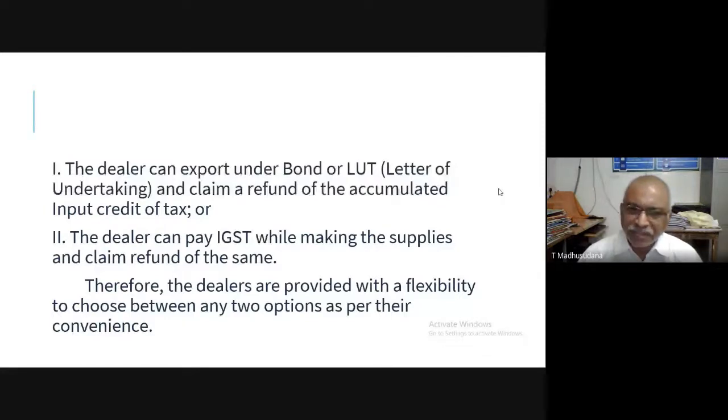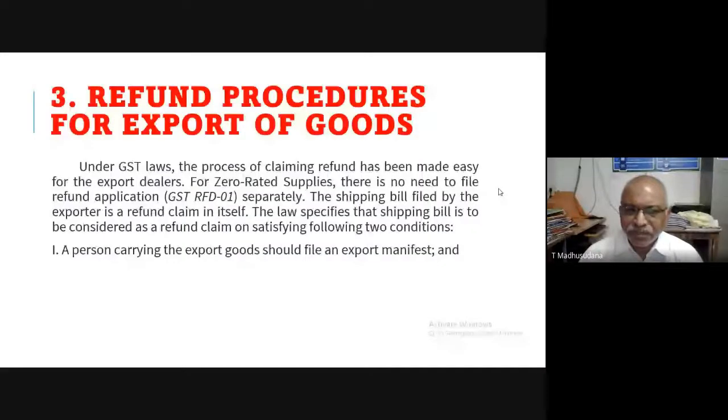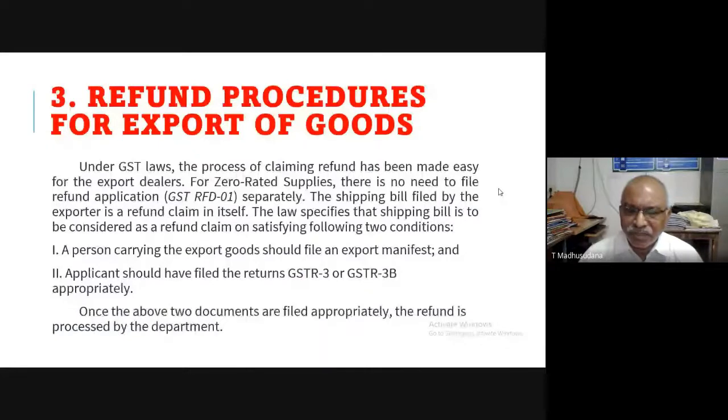The second option is the refund procedure for goods. The export manifest is to be submitted, and their returns are to be submitted properly. Unless these two conditions are fulfilled, their tax may not be refunded.